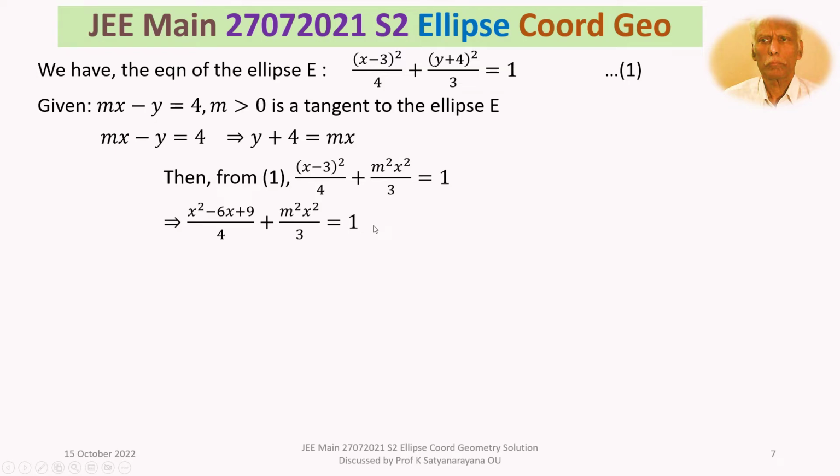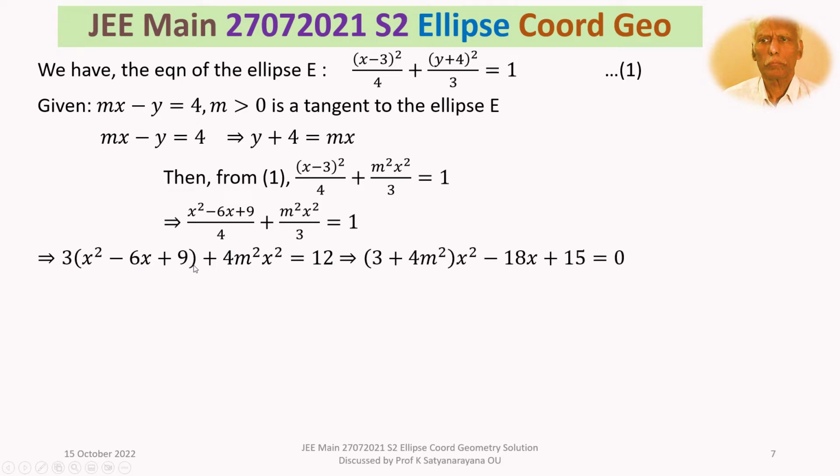Now 3(x² - 6x + 9) + 4m²x² = 12. So now write it as a quadratic in x. That will be (3 + 4m²)x² - 18x + 15 = 0.